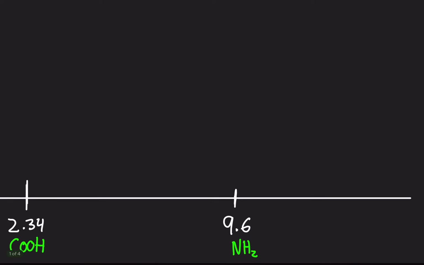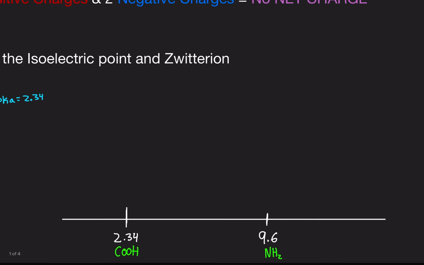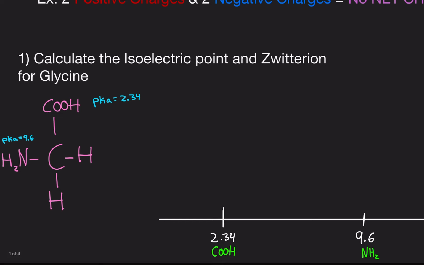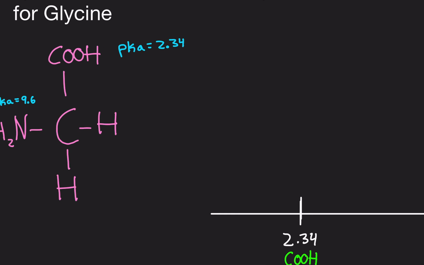Sweet. Okay, now the next step is you're going to go all the way to the left of the number line. So we're talking about this point right here. And you're going to draw the amino acid, but when you draw it, you're going to protonate every functional group you can. So let's do that. We've got the alpha carbon, that stays the same. The hydrogen stays the same.